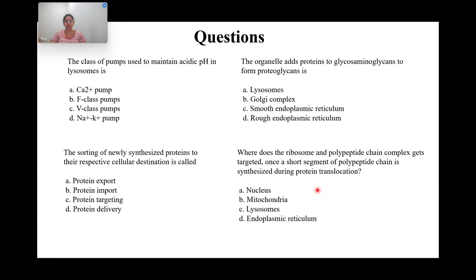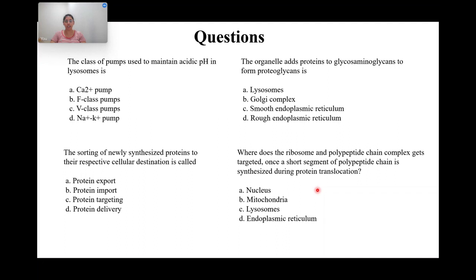The last set of questions. The binding of signal recognition particle to a large subunit during translocation leads to which of the following processes? Translation arrest, transcription arrest, or progress of transcription and progress of translation. Next, protein glycosylation refers to addition of which of these molecules on which of these molecules? Is it addition of proteins on proteins, lipids on proteins, carbohydrates to proteins, or lipids to carbohydrates?